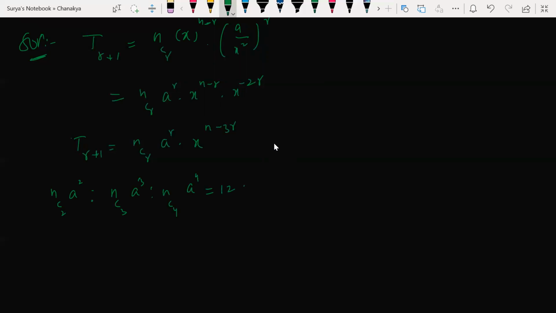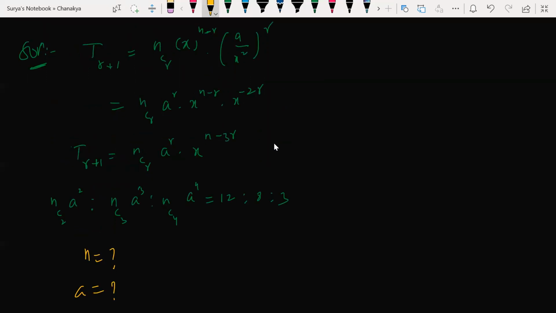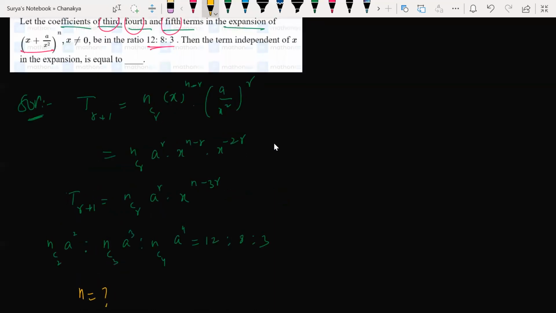They are in the ratio 12 is to 8 is to 3. So look at it, just solve this. What will you be getting? What is the value of n? Now solve n value and a value.